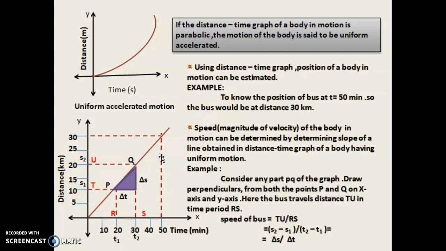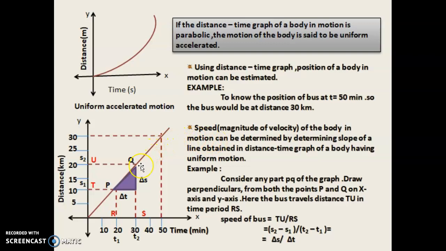If you want to find where the body will be at 50 minutes, at what kilometer it will have moved to, that can be found using this graph. If you draw a line from here and from here, you will get a distance of 30 kilometers. Second, we can find out the speed of the body.